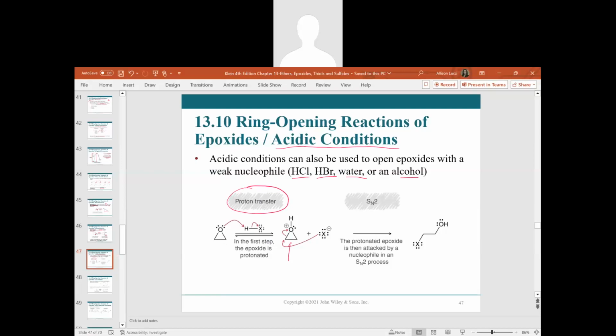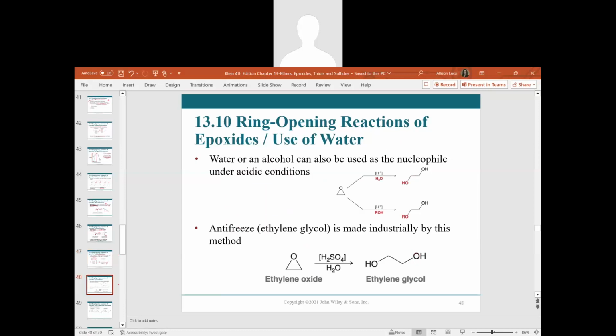Our epoxide is protonated in this first step, and then we see the resultant halide here, chloride or bromide, can act as a nucleophile now, and this SN2 process can occur, and the ring opening, and we have this substitution here, this nucleophilic substitution.